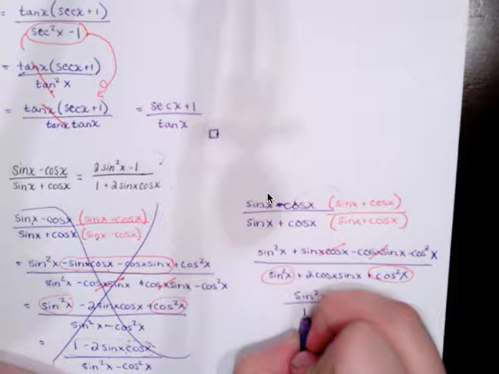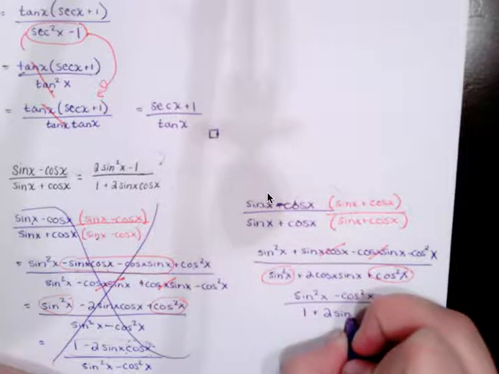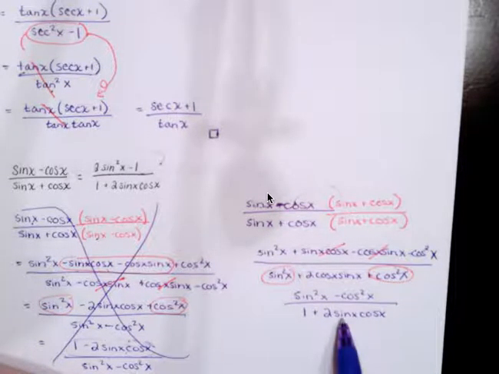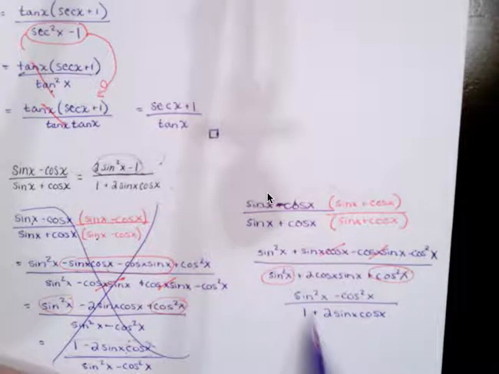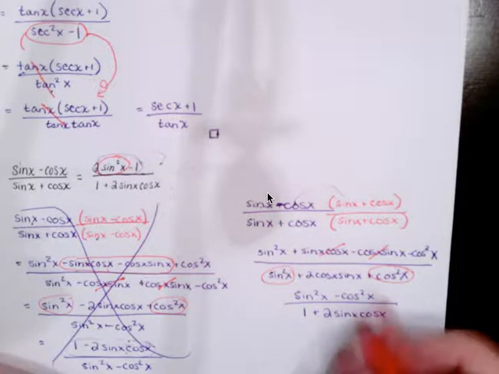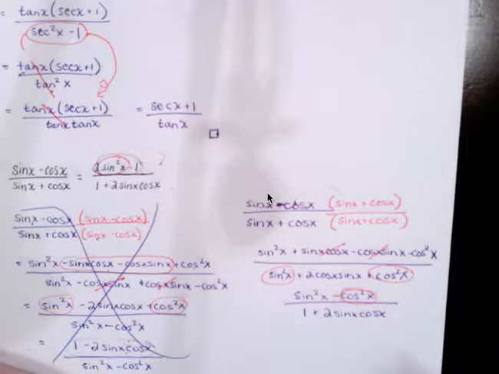So 1 plus 2 sine x cosine x. Hey, our bottom is what we needed it to be. Now the only thing is our top isn't quite. Jeez, I'm tired. The top only has sine squared in it. So the only thing I can really look at, this isn't a trig identity, but I can rewrite this as sine squared.